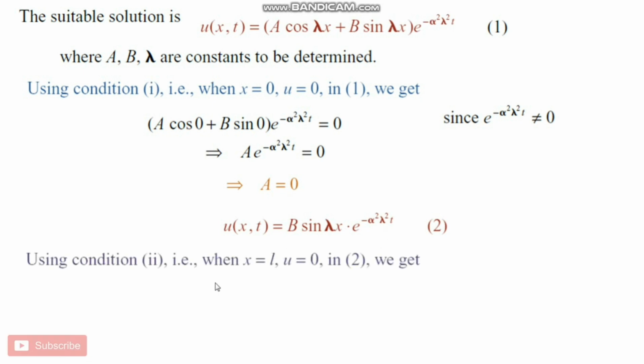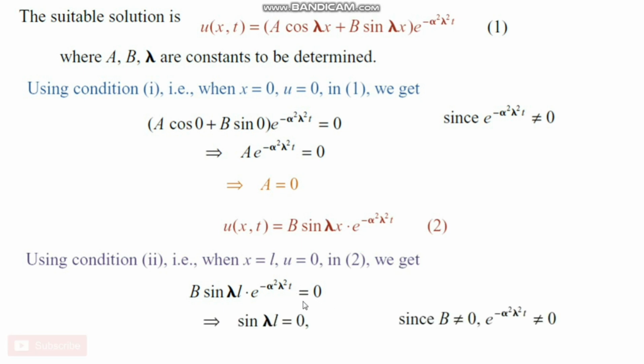Using condition number 2, when x is equal to L, u equals 0. Substitute these values in equation number 2, we will get B sin λL e^(-α²λ²t) equal to 0.